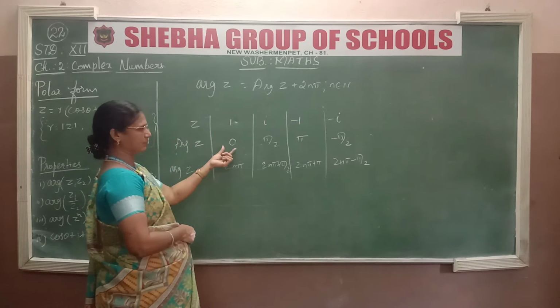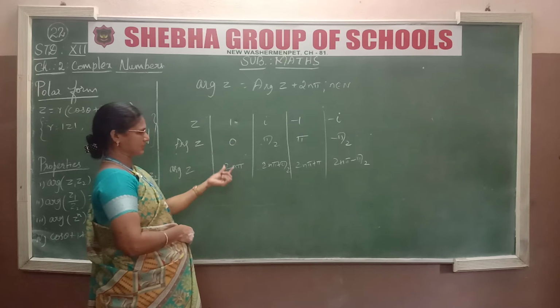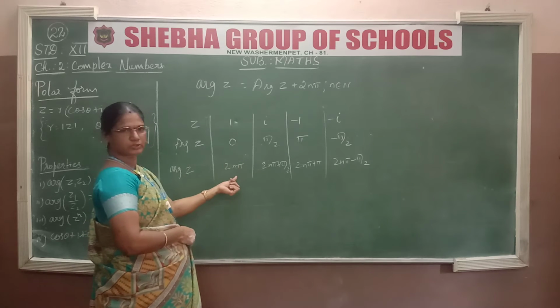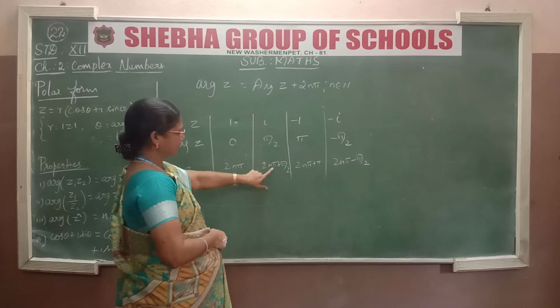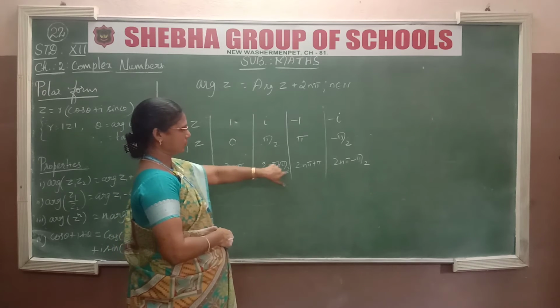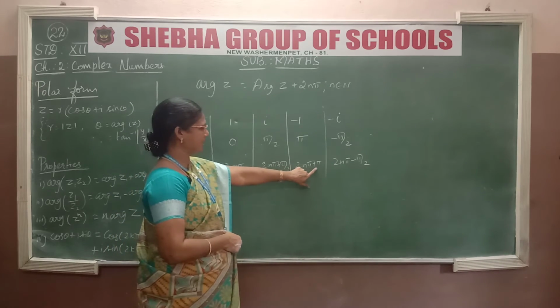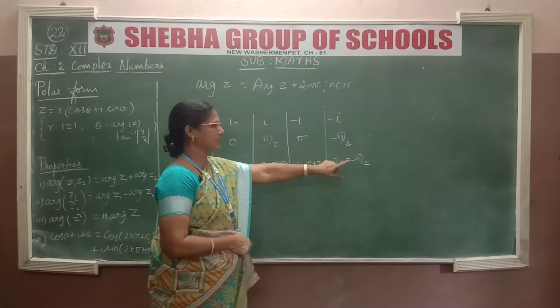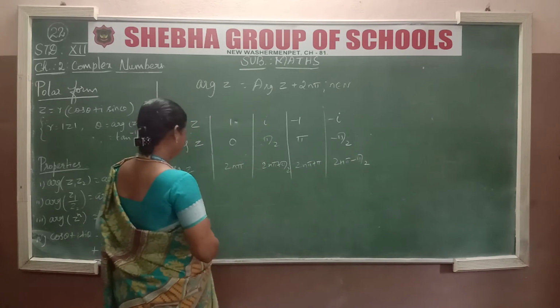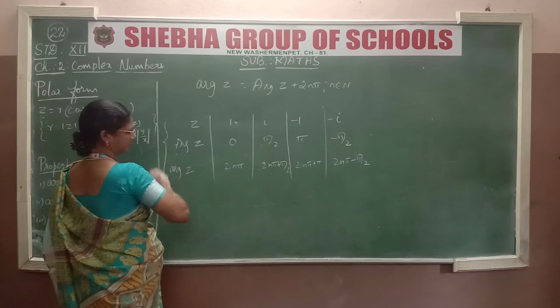This is the principal value. We can add 2n pi with this. So 2n pi plus 0 becomes 2n pi, and for pi by 2 we add 2n pi plus pi by 2, and here 2n pi plus pi, 2n pi minus pi by 2. Remember this, it's an important one.